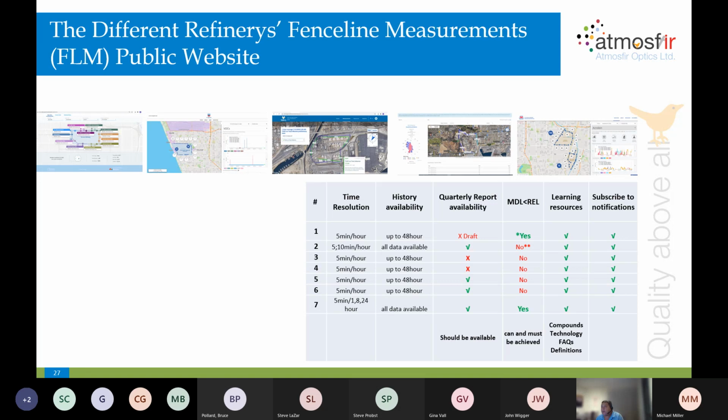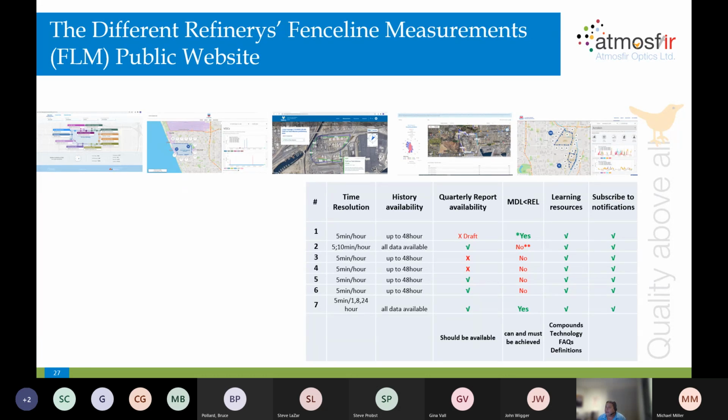Each one of the refineries had its own report on the public website. I took a look at those websites and tried to summarize them in the table that you see below. In terms of time resolution reported to the public, everybody had the 1-hour concentration.